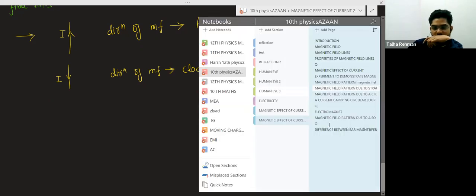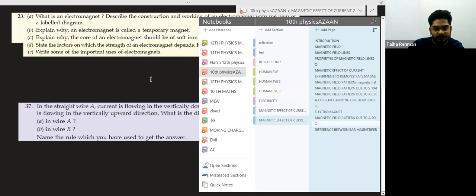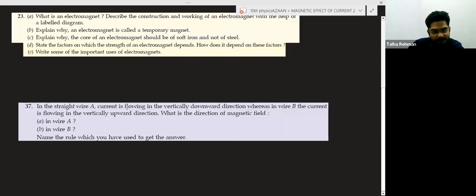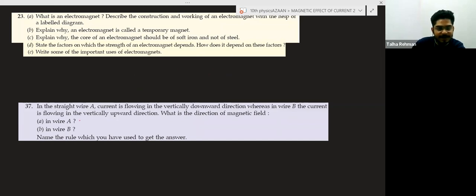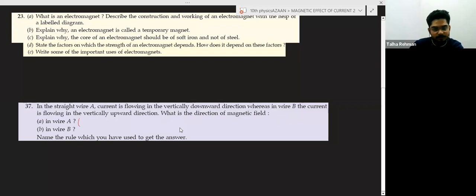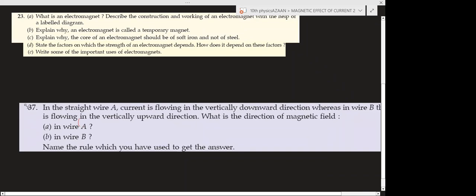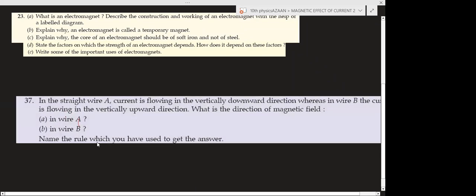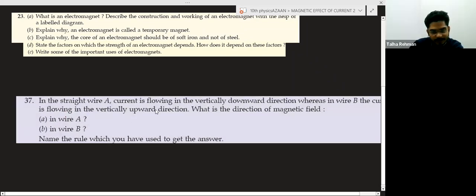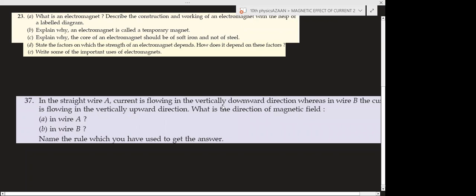So you can say that in wire A, the current is vertically downward. So in wire A, will the magnetic field be anti-clockwise or clockwise? Sir, anti-clockwise. No, see, in wire A it will be clockwise. Yeah, clockwise.